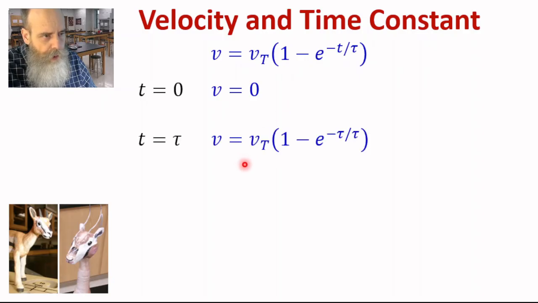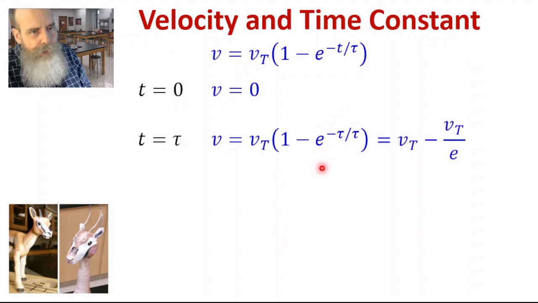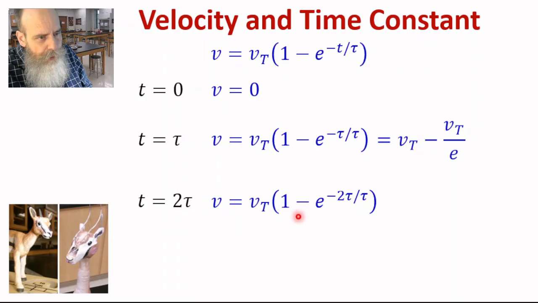When t equals tau, v is Vt times 1 minus e to negative tau over tau. This is e to negative 1, which is 1 over e, so it becomes Vt minus Vt over e. Note, at t equals tau, it is Vt over e away from the terminal velocity. When t equals 2 tau, v is Vt times 1 minus e to negative 2 tau over tau.